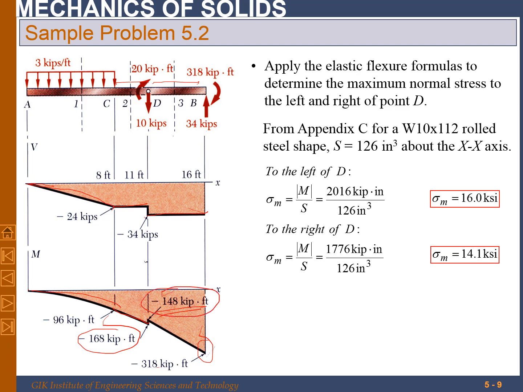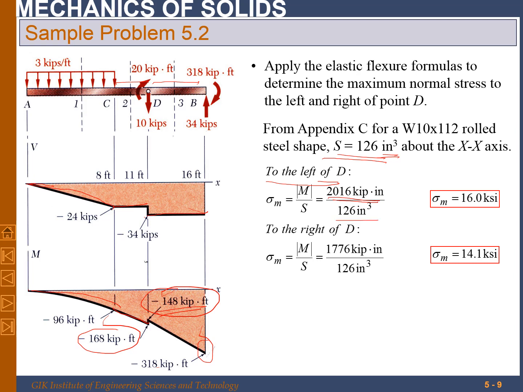So section modulus, looking at Appendix C for this beam, the section modulus is 126 inch cube about the x-axis. So sigma is M by S to the left of D. This is in terms of kilopound inch, so we converted feet into inch by multiplying with 12 and divided by 126 inch cube.